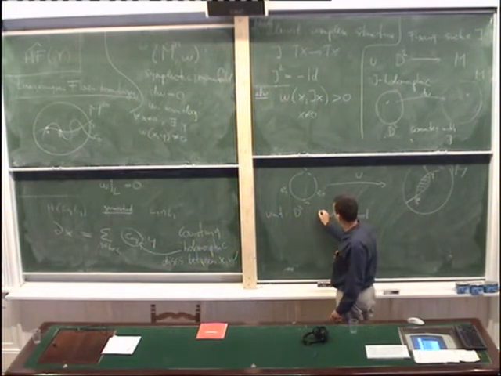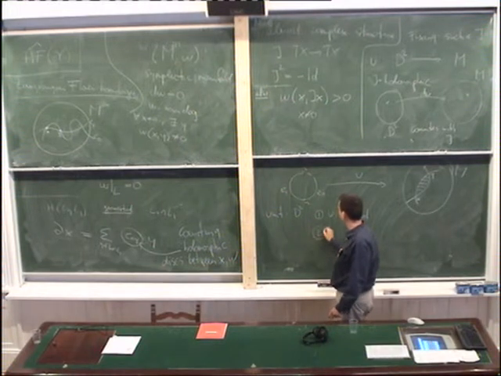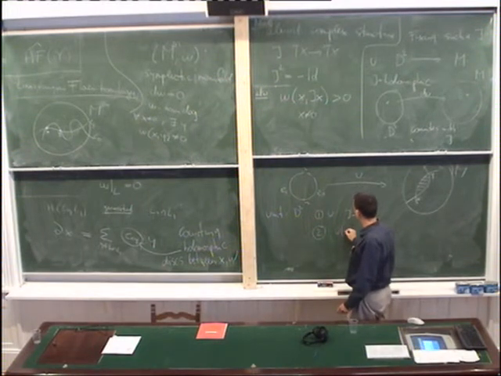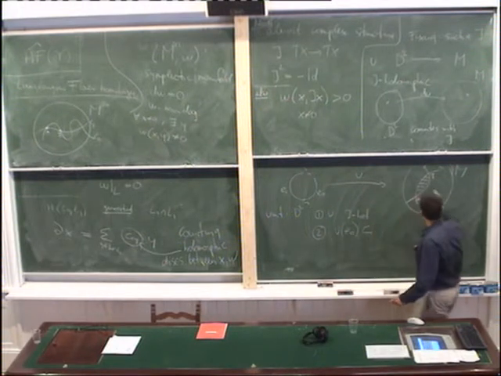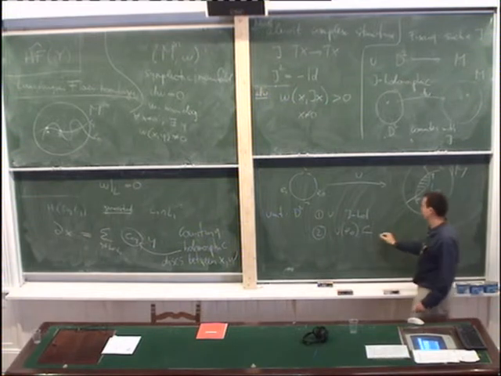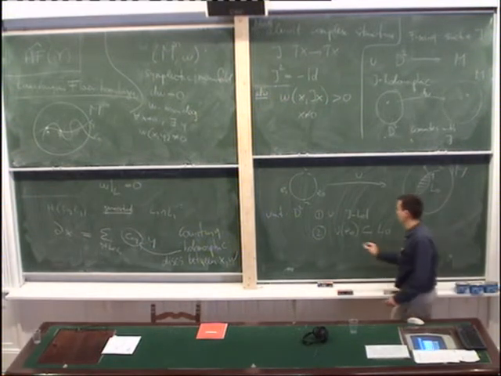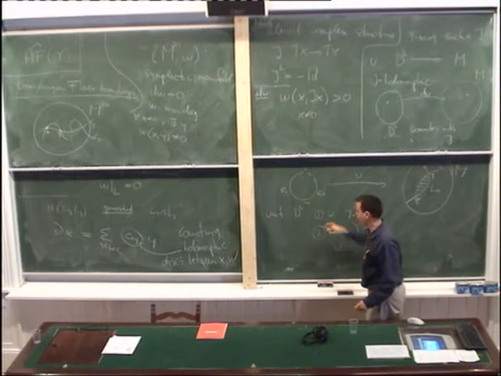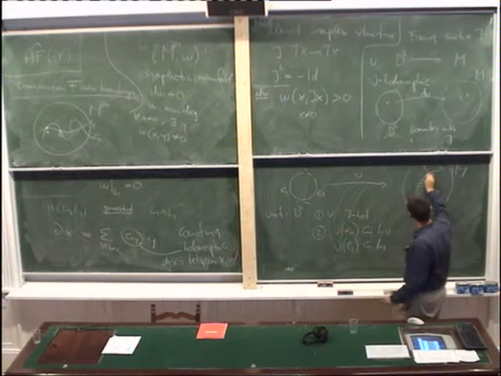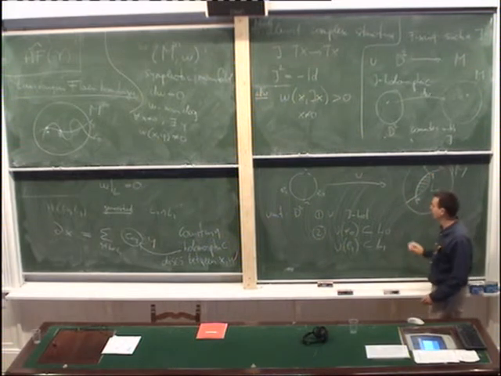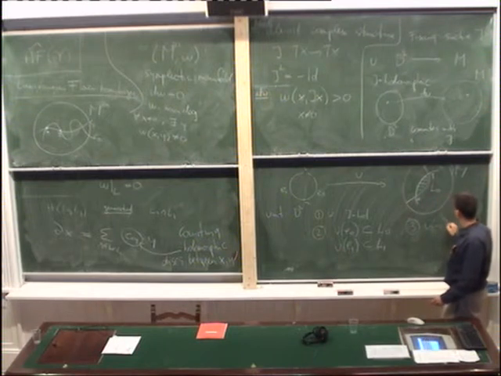The second is that u of E0, the boundary, maps to L0, this other side of the boundary maps to L1, and minus i is mapped to x, and i is mapped to y.